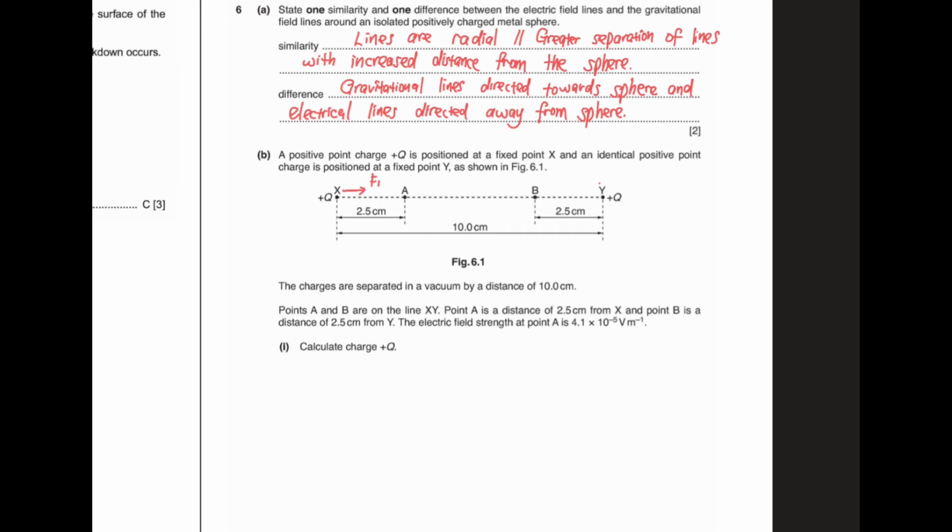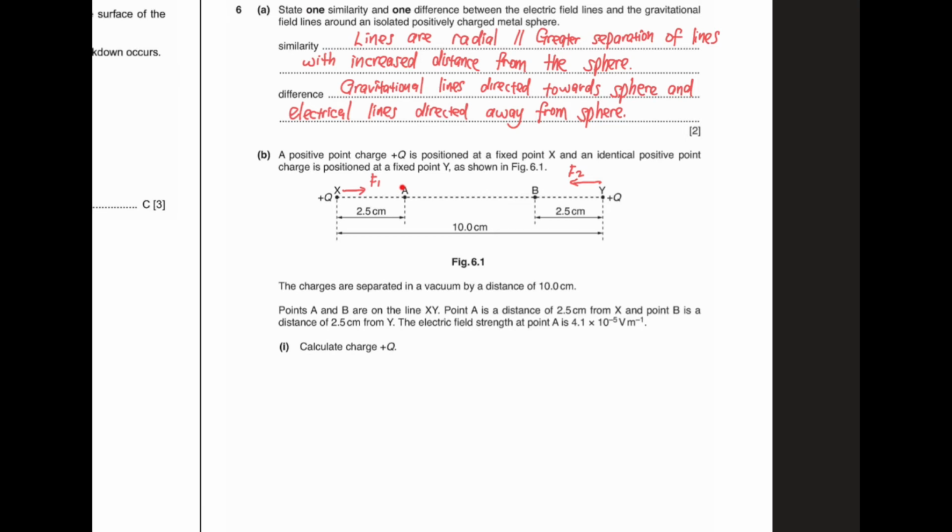So let's say I label it as F2. As we know, force is a vector quantity, so if they are acting in opposite directions, when you want to find the net force here, you have to take F1 minus F2.